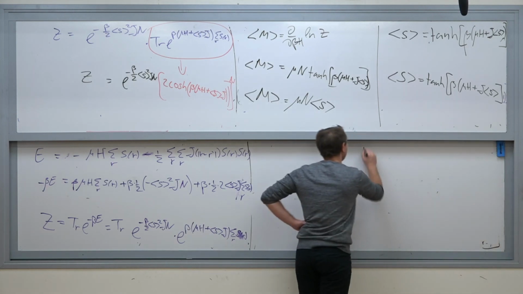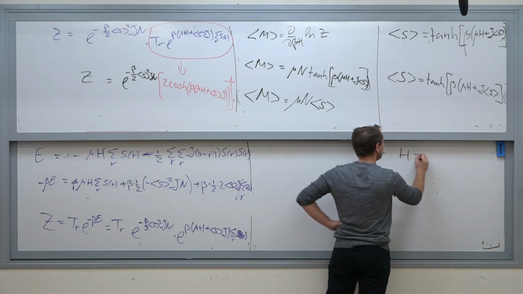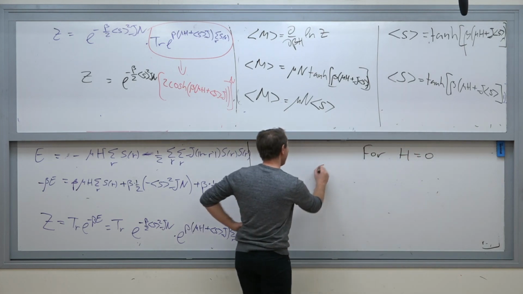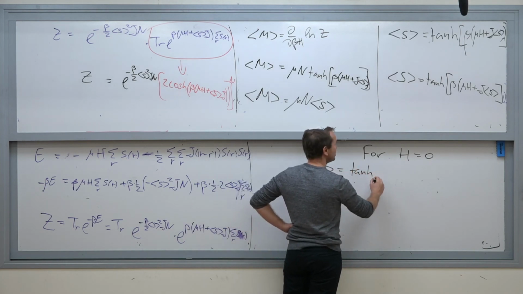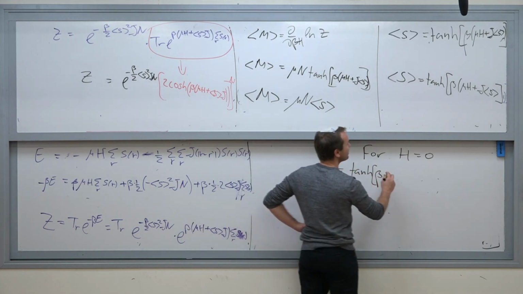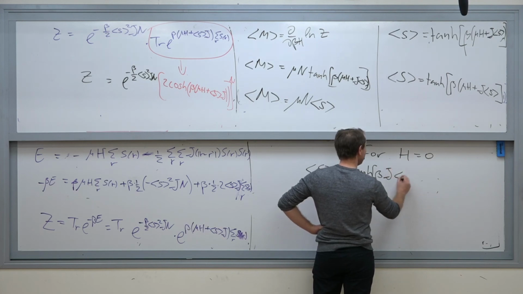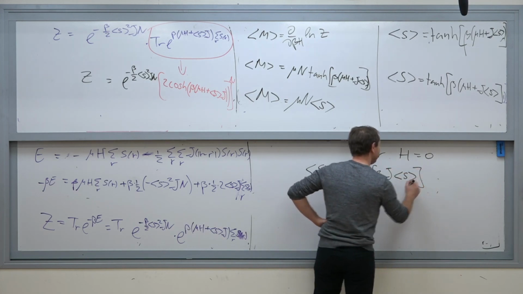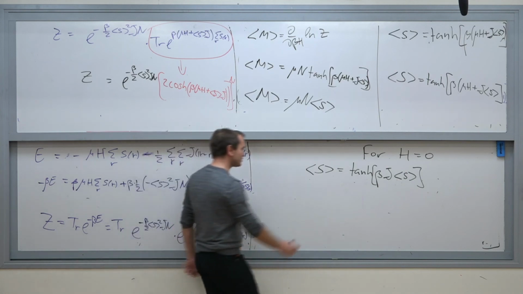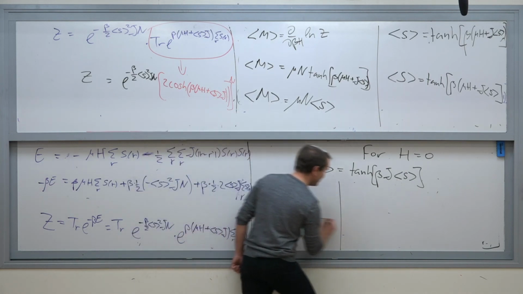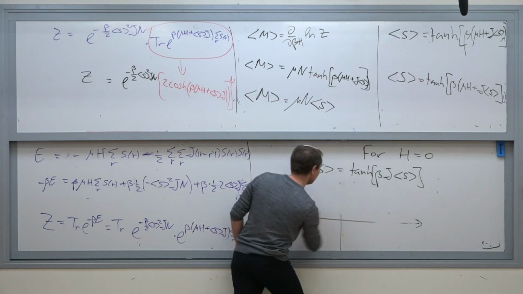So for H equals 0, we should find that average S equals hyperbolic tangent of beta J S. Let's write this down as a function of S.